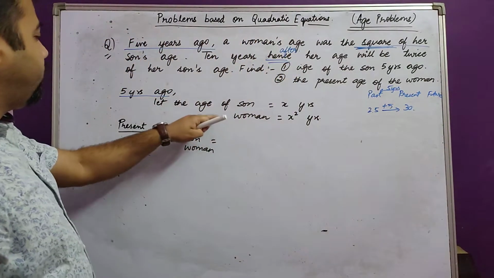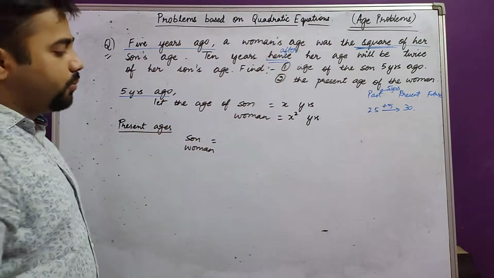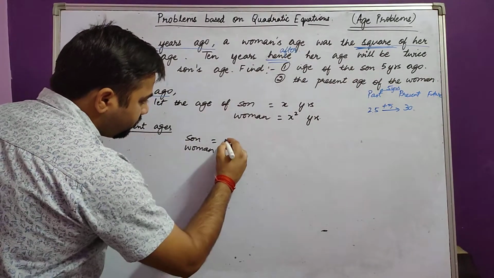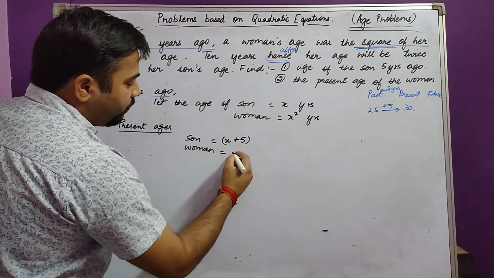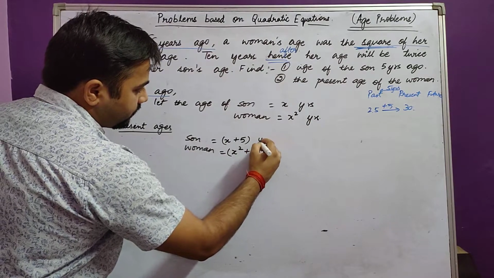That is, for the present age we have to add 5 to both of them. It becomes x plus 5 for the son, and for the woman it becomes x square plus 5 years.